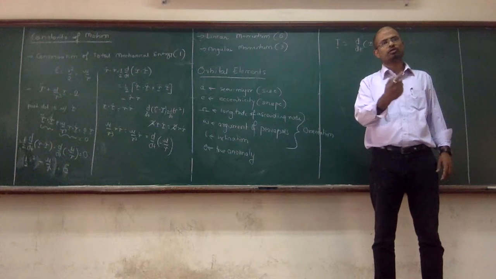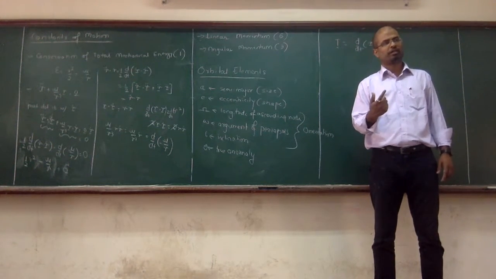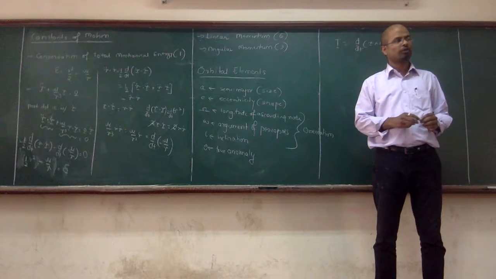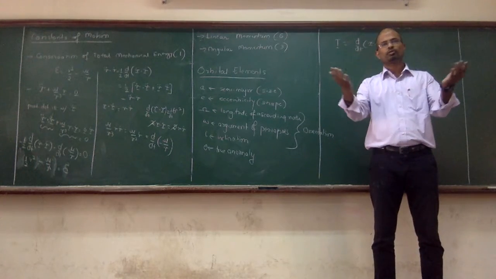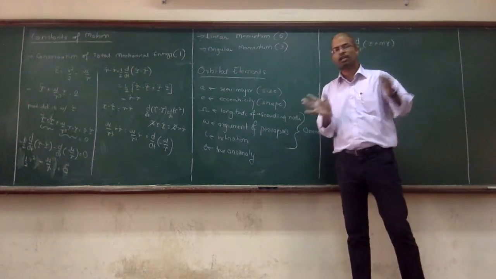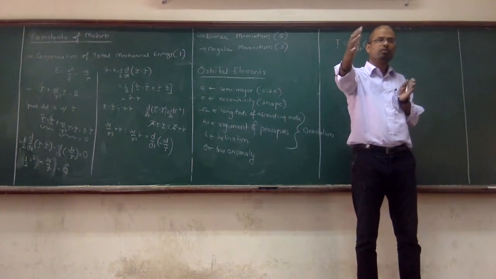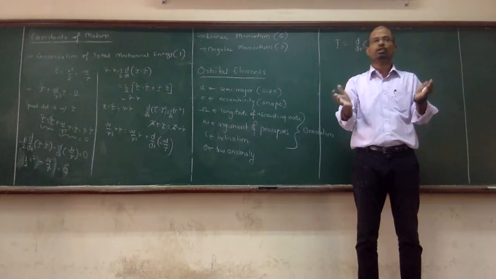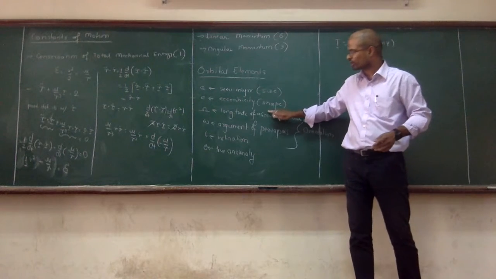You're looking at the position of the orbiting body, right? But you need to know the orientation of the orbit. You need to know how much it is inclined, and how much it is moved in all three directions. So that is where these three come into play.